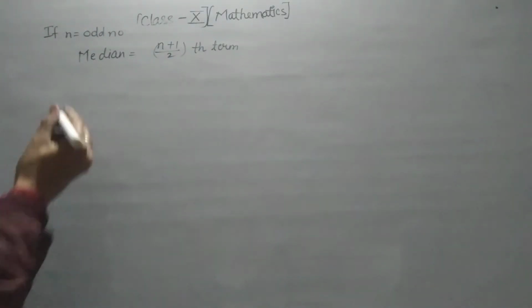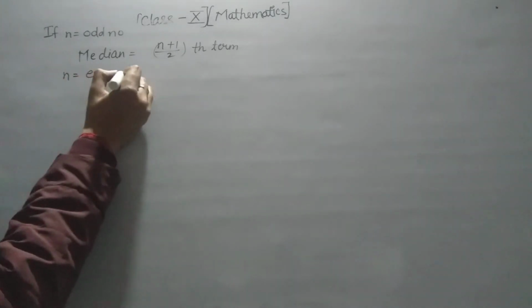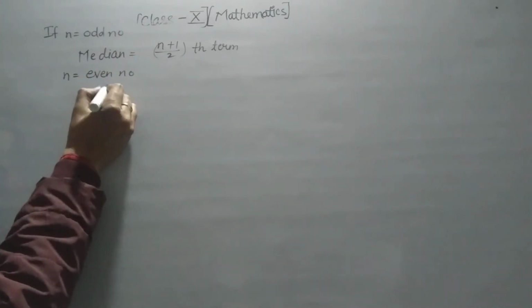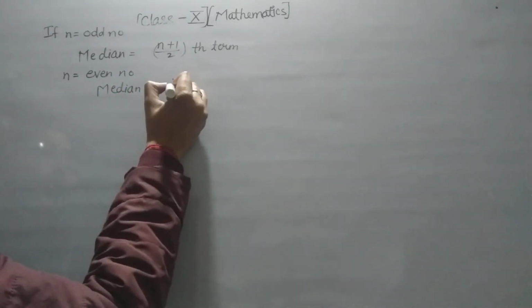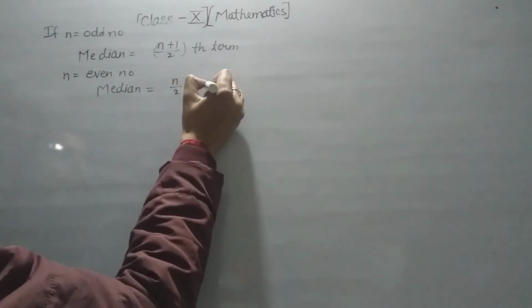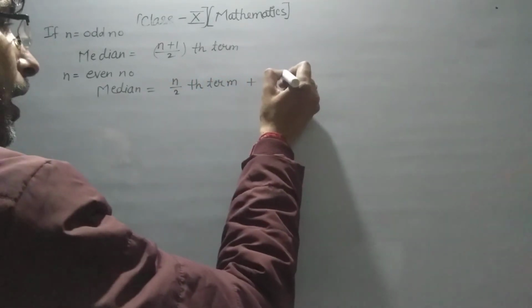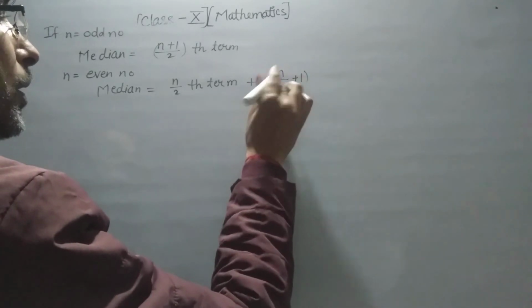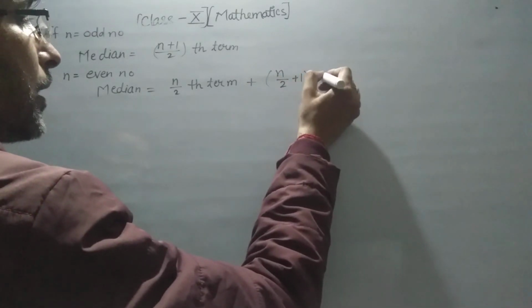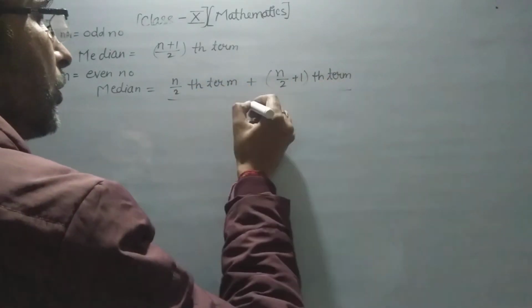Okay, and if n is equal to an even number, then the median is the (n upon 2)th term plus the (n upon 2 plus 1)th term, all upon 2.